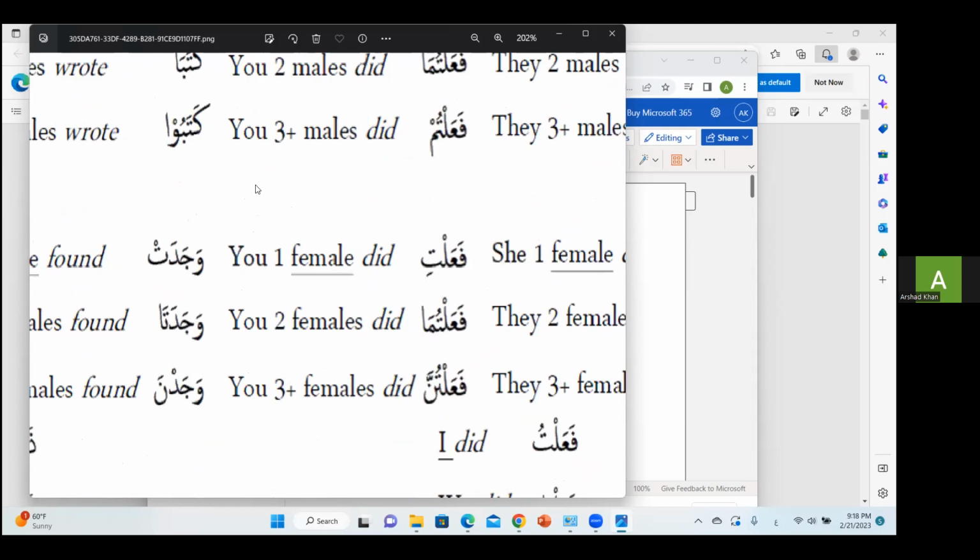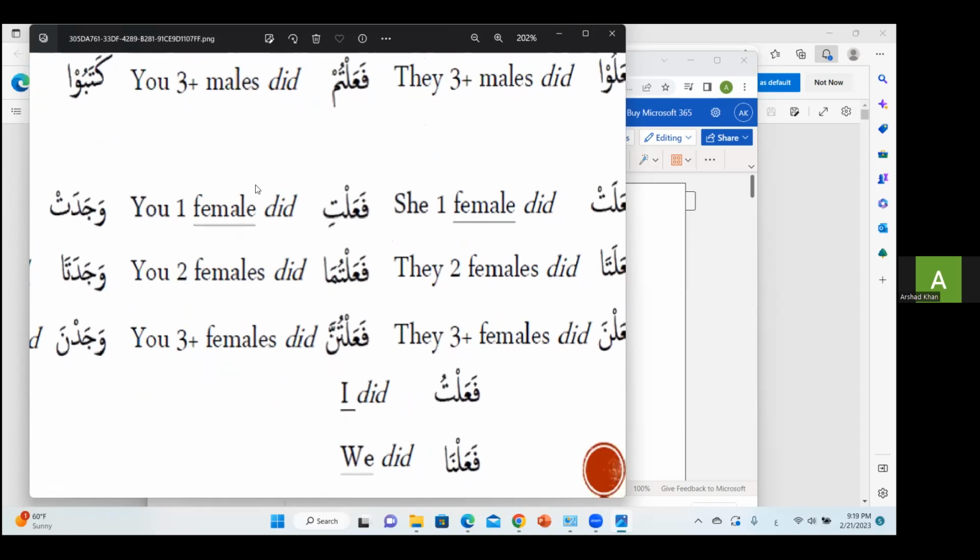Wajada means to find. If I want to say I found, how would you say it, sir? The last letter you'll add is tu. Wajadtu. That's it.